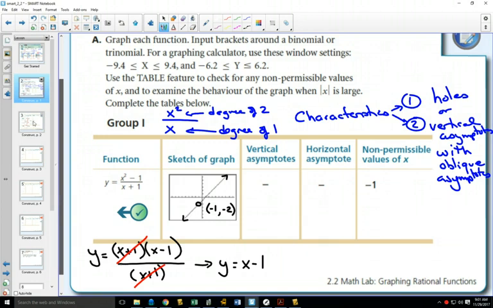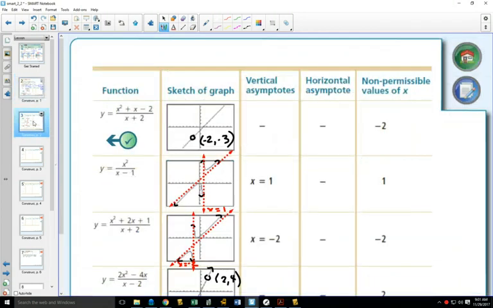So let's look at the other ones that had holes. Can you factor this one? x and x, plus 2 and minus 1. Sure enough, our non-permissible value got canceled out.